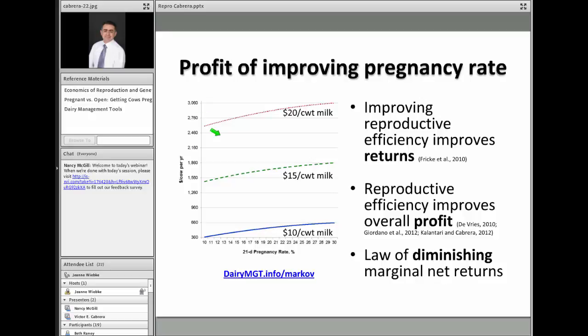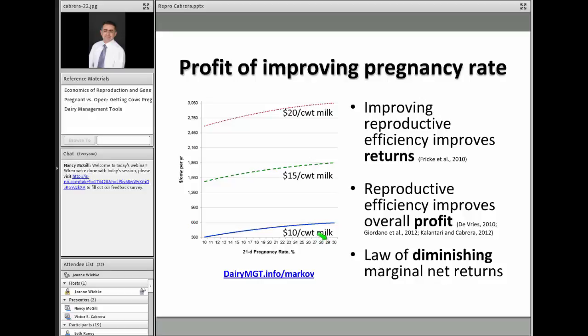Right here, we are increasing the 21-day preg rate between 10 and 30%. And on the y-axis, on the vertical axis, we can see dollars per cow per year as a net return on a farm. Okay? So, take-home messages on this graph.